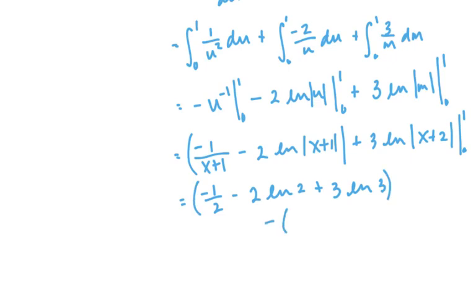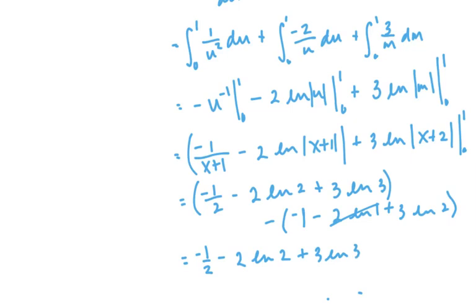Minus parentheses, negative 1 over 1 is negative 1, minus 2 natural log of 1, plus 3 natural log of 2. Natural log of 1 is 0. So here we have minus 1/2, minus 2 natural log of 2, plus 3 natural log of 3, plus 1, minus 3 natural log of 2.